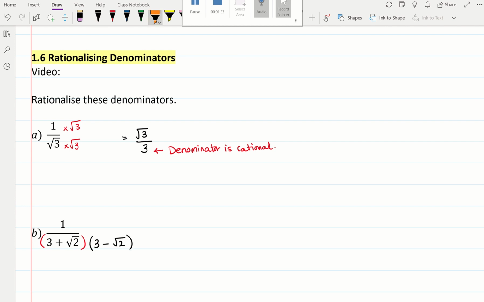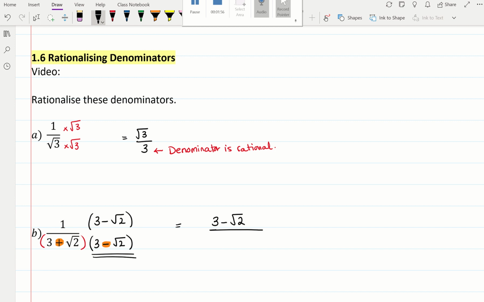So if you have a plus there, you're going to multiply by the same numbers, but you're going to change it to a minus. And of course, whatever you do to the denominator, you do to the numerator. So I'm multiplying the 1 by 3 minus root 2, and it gives me 3 minus root 2.